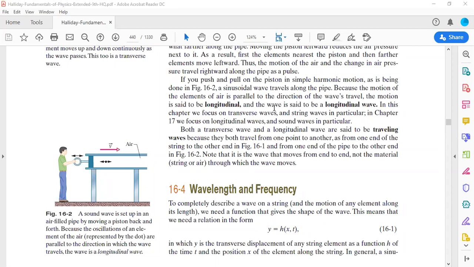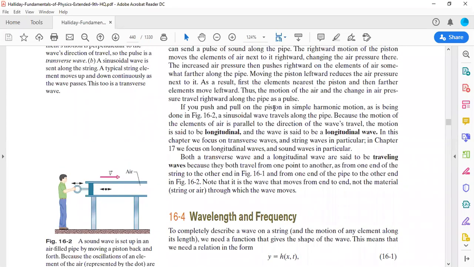So you can conclude from this that longitudinal waves are basically found in fluids, materials like air, in liquids, in gases.